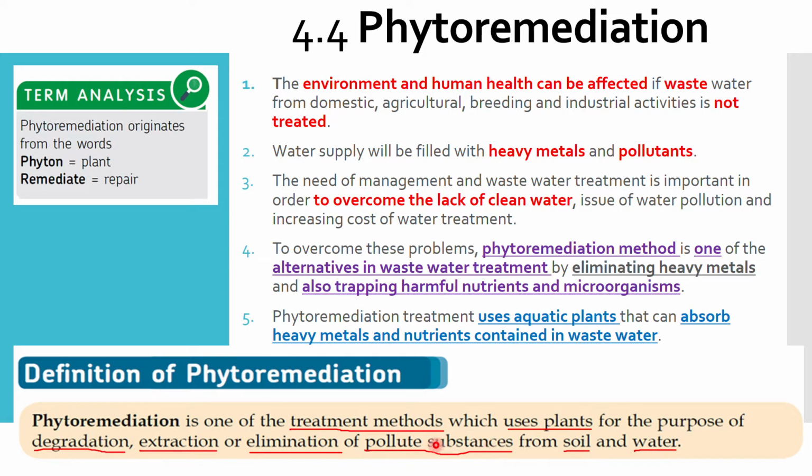Okay, so this pollutant substance is able to be degraded. Extraction, which means these pollutants are able to be extracted or taken out by the plants, and therefore able to eliminate or remove these pollutant substances from soil and water.